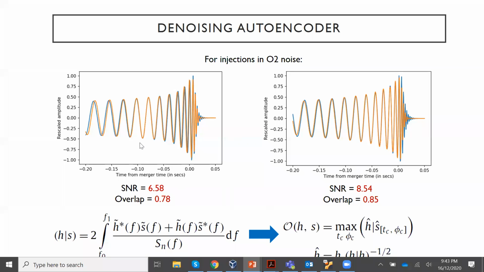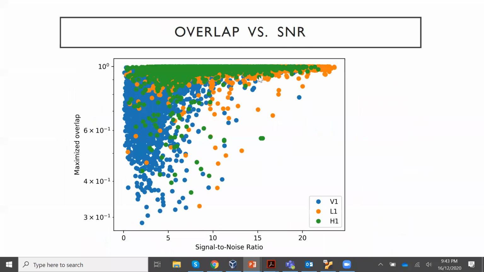And as you can see here, we get good overlap for these binary black hole signals which are injected in O2 noise. I've tested it over 4,000 samples injected in real noise, and we can see that for a range of SNRs, I get this maximized overlap. For Hanford and Livingston, we get very high overlap for almost all of the events.